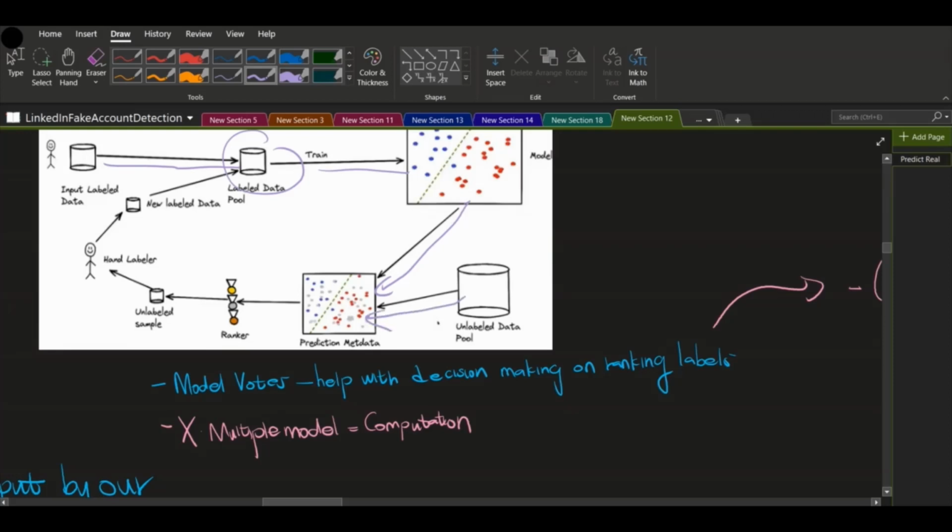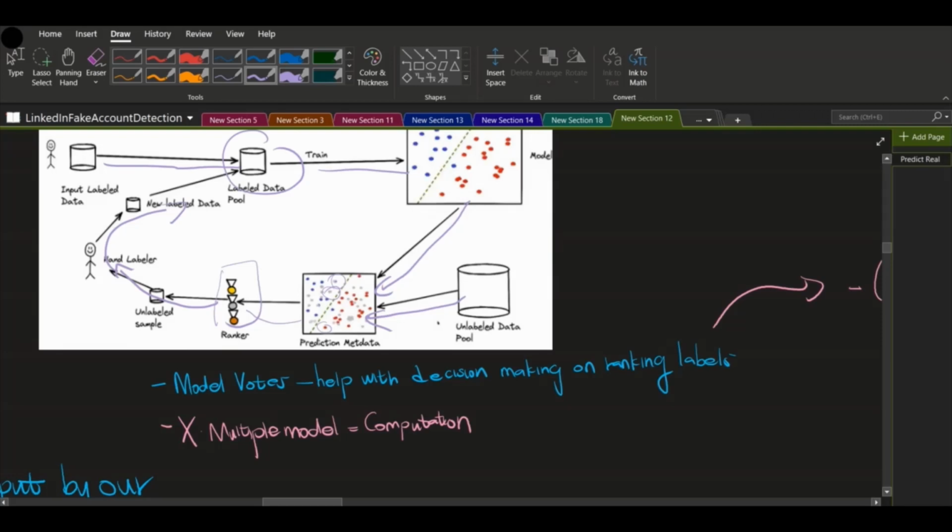Then we can see which of the data we're not doing well on, and we rank some of these samples that we're not good at. Then after we have ranked them, we enable the human labeler to label them. So we iteratively do so until we get an accurate model.